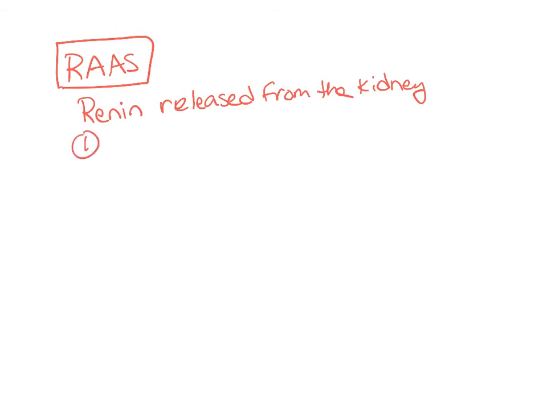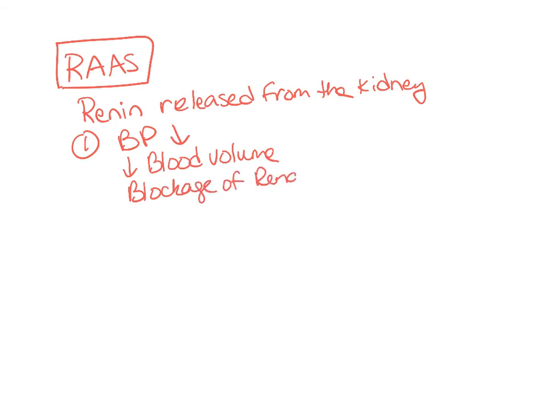It will be released when the blood pressure decreases. So if your blood pressure goes down, then renin gets released. If you have a decrease in blood volume, renin will be released. If you have a blockage of the renal artery, then there's not as much blood getting to the glomerulus, then renin will be released.